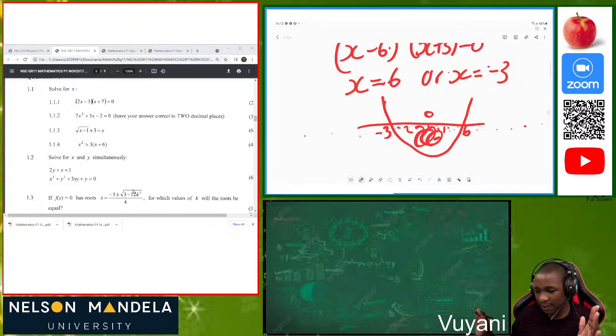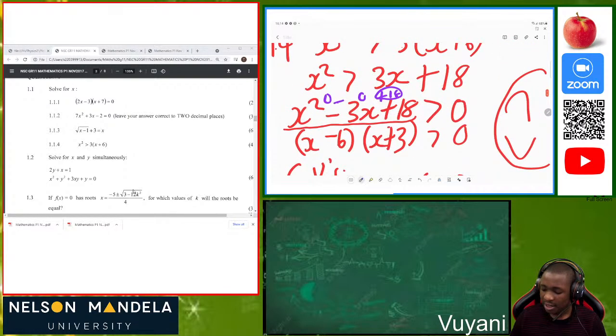So what are we going to do now? Let's go outside now. Let's use 7. When you use 7, it's going to be 7 squared minus 3 times 7 plus 18.